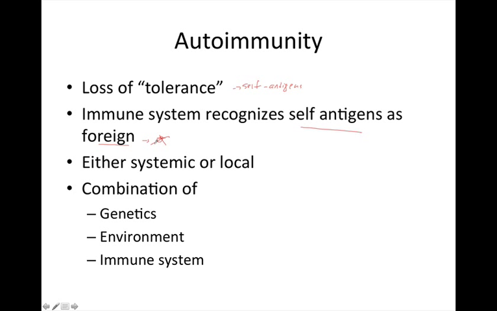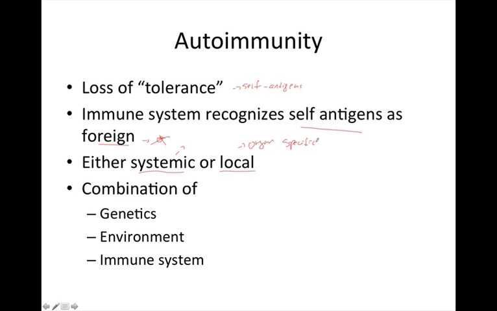And that causes problems. Now, autoimmune diseases can either be systemic or local. Systemic means that the immune system affects many body systems at once, whereas another expression for local would be organ specific.